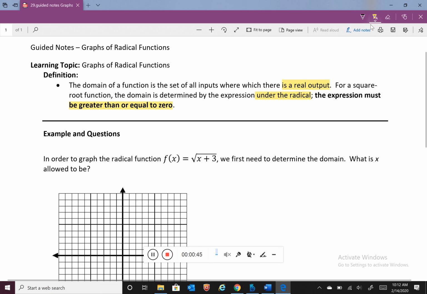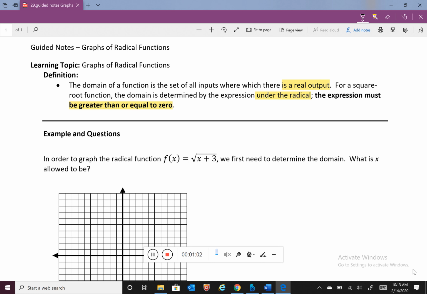So our first example of this, we're going to graph the radical function f of x equals the square root of x plus 3. But in order to do so, we first need to determine the domain.